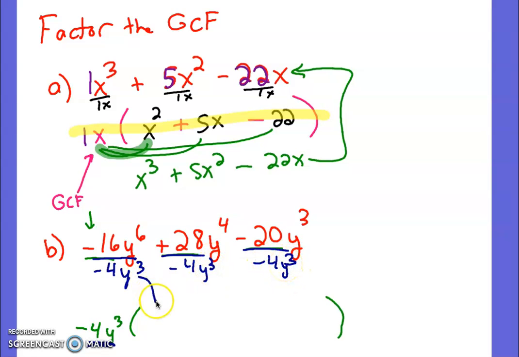So again, divide the first one, you're going to get a positive 4y cubed, you're going to get a negative 7y, and you're going to get a positive 5. And as a big hint when you do this, here's another way to double check this. Inside the parentheses, there should not be anything common.